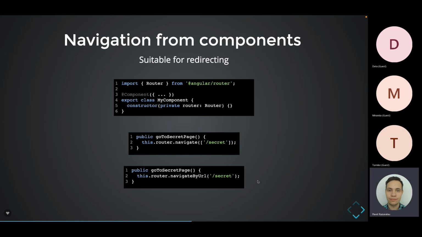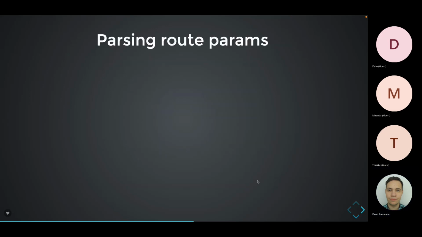If we just need to navigate by a known URL, we'll use the second variant because it's simpler to use. However, if we have some dynamic attributes, it will be simpler to pass them in an array instead of a template string, so navigate is our option. Okay, moving on.